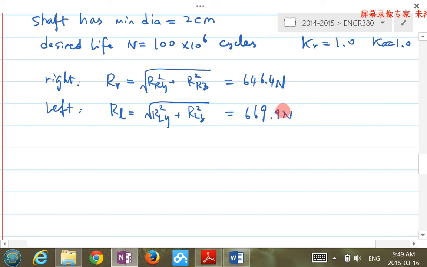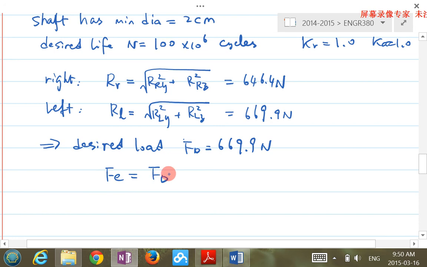So we call our desired load FD, and I'll pick 669.9 Newton. And this is the inner ring rotation, so the equivalent load FE is basically the same as this value here.